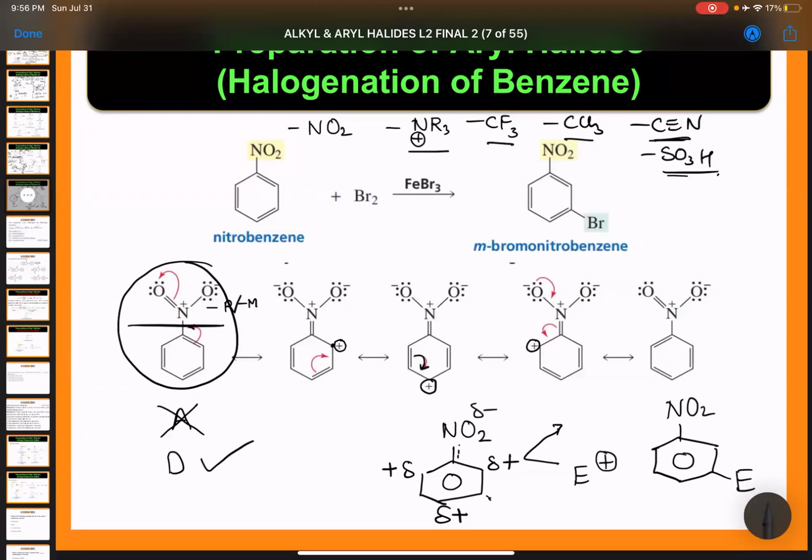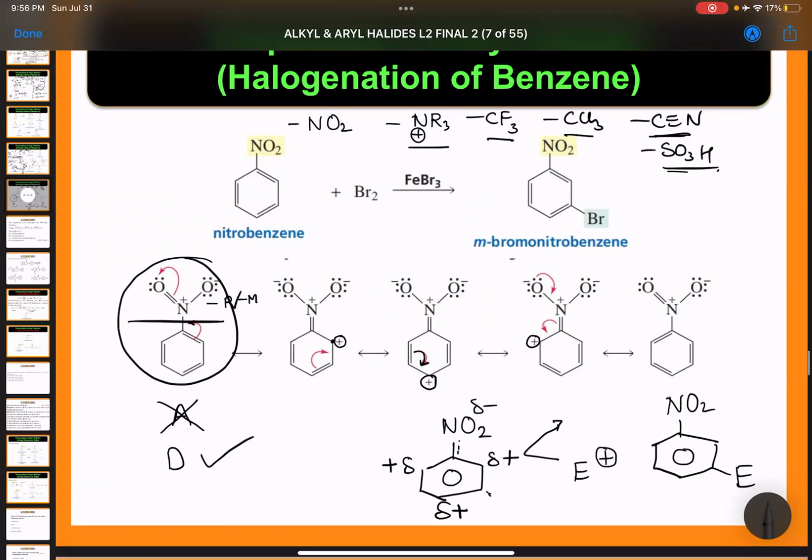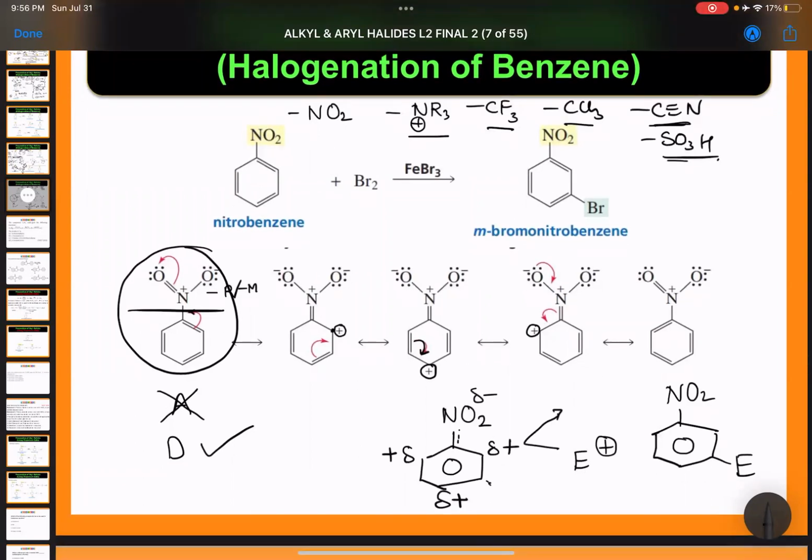Though the deficiency is more on ortho and para positions, and the meta position is somewhat saved from that positive charge, overall the electron density has been moved out. And because of this, the overall rate of reaction will be slower.